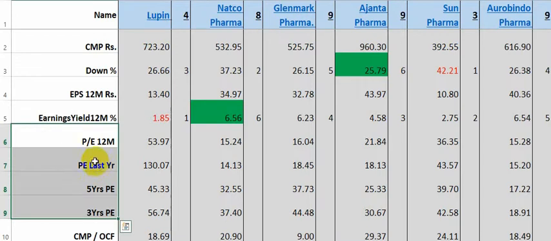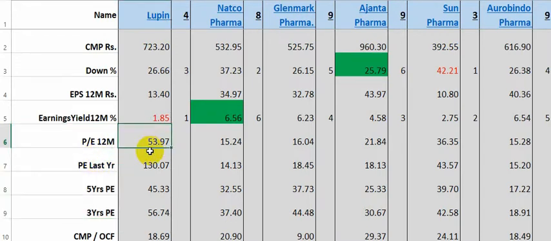So in the recent 12 months, the price was quoting 53 times higher than its earnings. The way to look at it is this way. The price, which is 723 rupees, was quoting 53 times the earnings, that is 13.4.